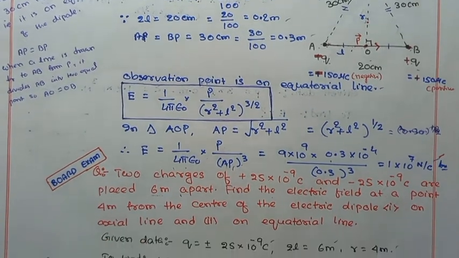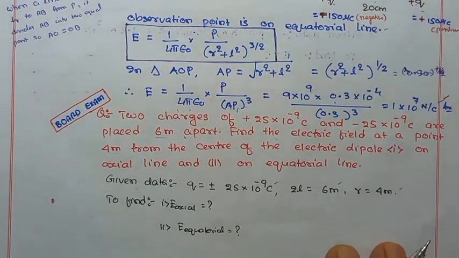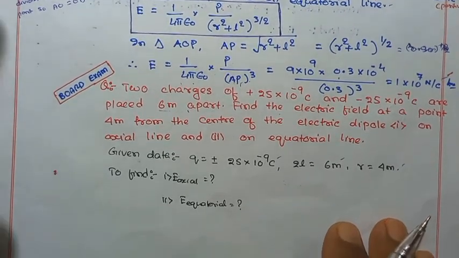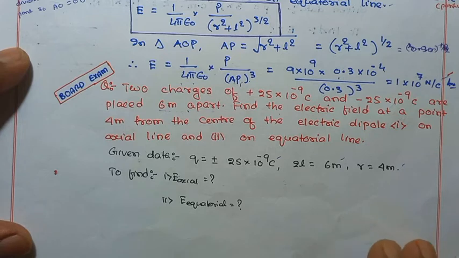Okay. One more important question, this is a board exam question, let us see it. The question is: two charges of plus 25 into 10 power minus 9 coulomb and minus 25 into 10 power minus 10 coulomb are placed 6 meter apart. Find the electric field at a point 4 meter from the center of the electric dipole on the axial line and on the equatorial line.